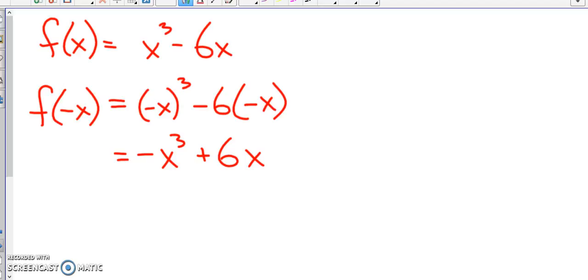It's the opposite. Since it's the opposite, this is odd. If it comes out the exact opposite when you plug in negative x, it's odd.